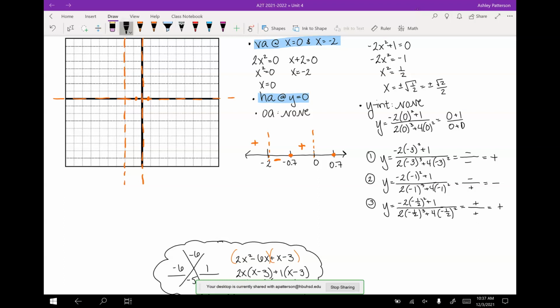All right. What would be a value in between 0 and 0.7? 1/2. All right. So for that fourth region, let's take y is equal to negative 2 times 1/2 squared plus 1 all over 2 times 1/2 cubed plus 4 times 1/2 squared.